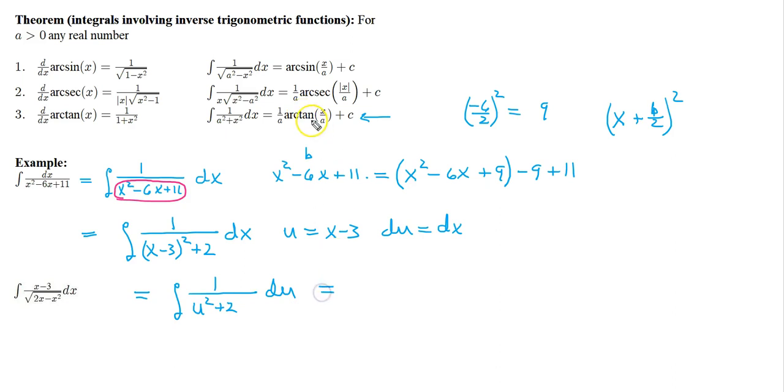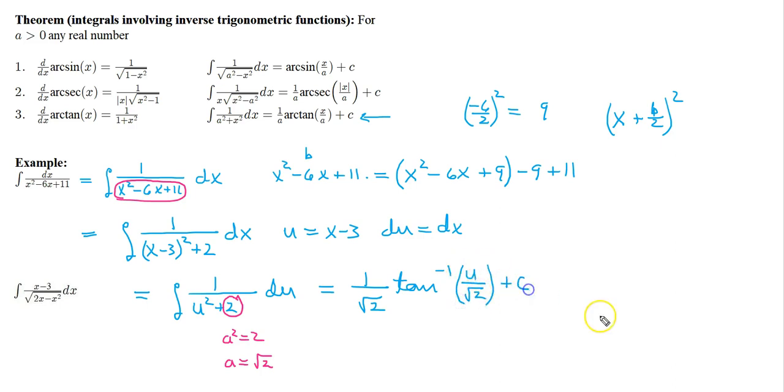now we see that this matches up with our arctangent formula, where the a squared is the 2 term right here. So a squared is 2, and so a is the square root of 2. And so this is going to be, and then putting in x minus 3 back in place of the u, we get our final answer.